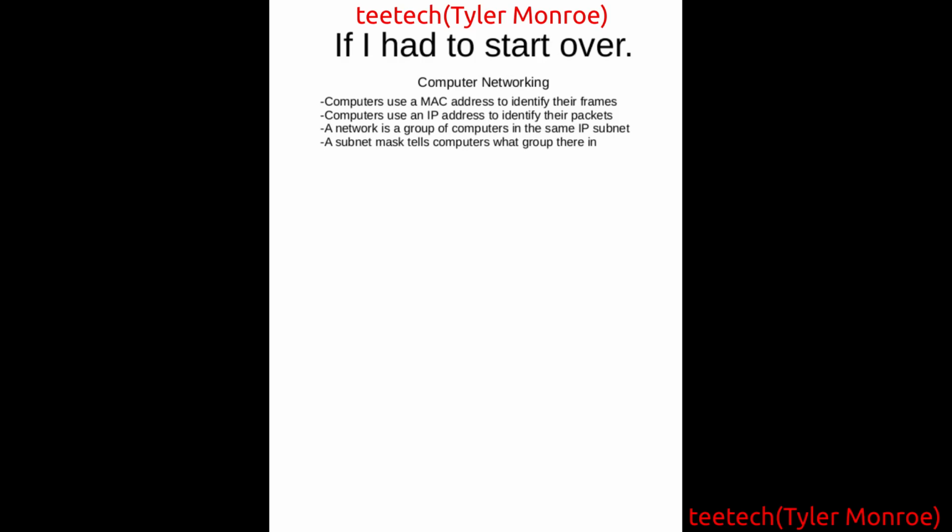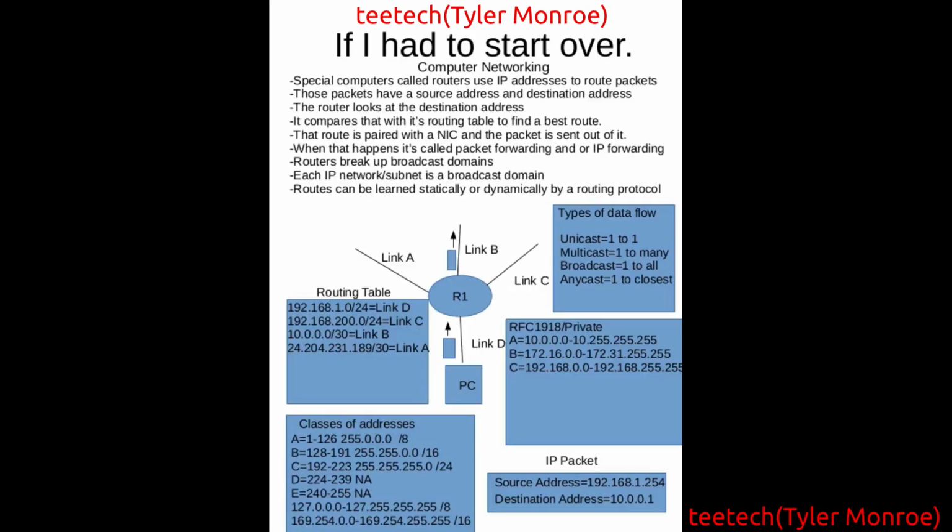There's both source and destination MAC addresses and IP addresses. And a network is just a group of computers that are in the same IP subnet. And a subnet mask lets computers figure out what group they're in, okay? So that's how they know what group they belong to. And speaking of IP addresses, in a computer network, special computers called routers use IP addresses to route the packets, okay?